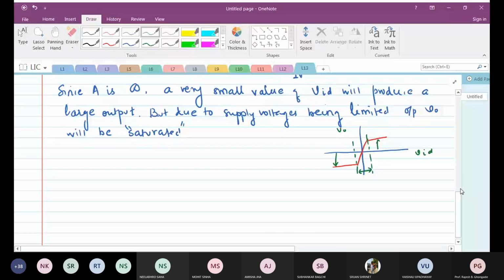Guys? Yes, sir. Are you absolutely sure? Because this is the most fundamental thing. If you understand this, everything will be easy for you as far as the applications of the operational amplifiers are concerned. So I hope this is absolutely clear, crystal clear. Are there any doubts, any questions up to this point?